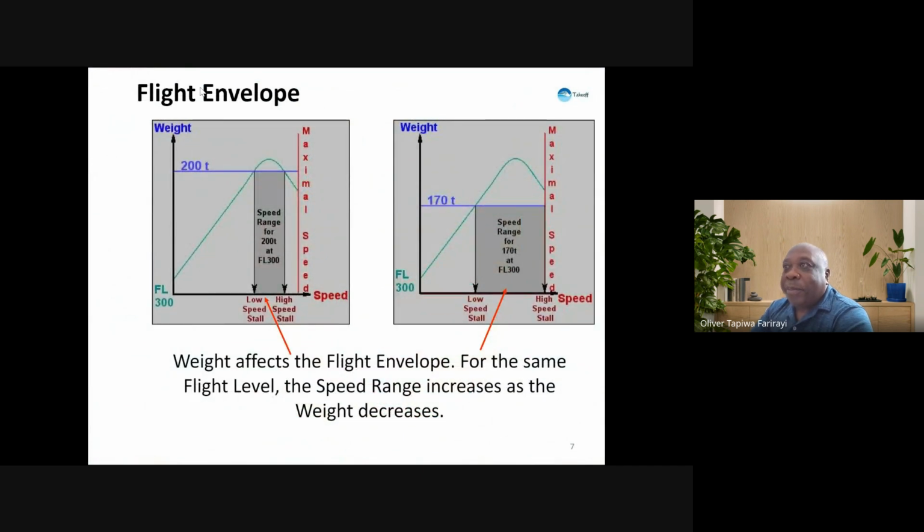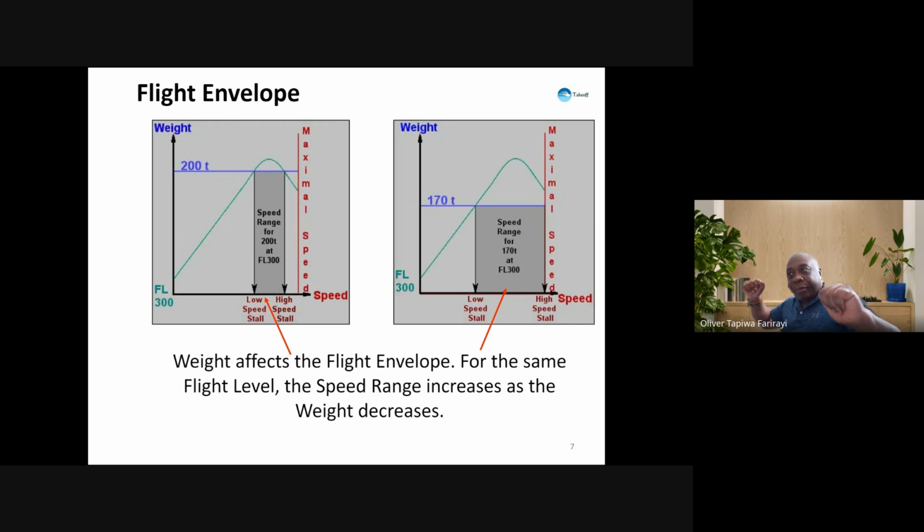Flight envelope, 200 tons, flight level 300. You already have a maximum speed, which is here, but this is not the maximum speed at 200 tons. This is what the aircraft is designed to do under certain conditions where the weight is not that heavy, and also in ISA atmosphere.